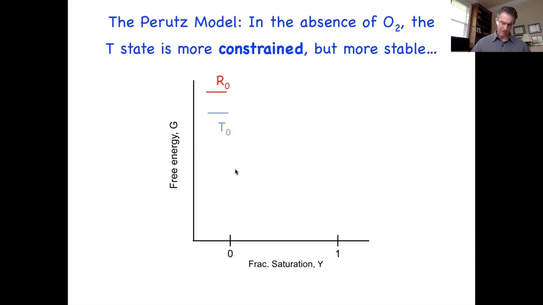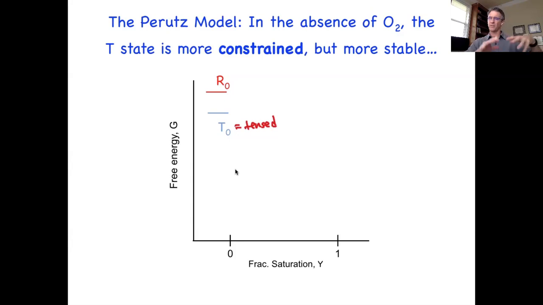And so this term T literally came from the idea of this state being tensed, in the sense of a stored spring, a spring that had been stretched that was storing energy, right? And that's somewhat unstable. You've got to have something that's holding that potential energy cocked in a way. But the idea here is that the alternate conformation of the heterodimer, in the absence of some other stabilizing interactions, hint, hint, binding of oxygen, is even more unstable, right? So the T state, whatever those interactions are that keep it tensed, is more stable than the R state in the absence of a ligand, right?